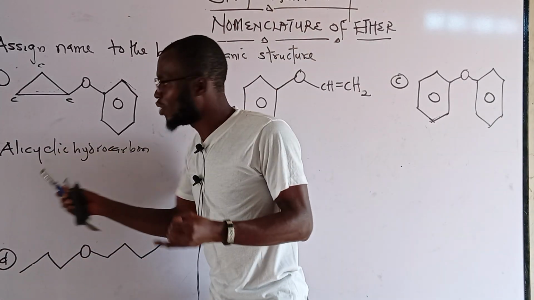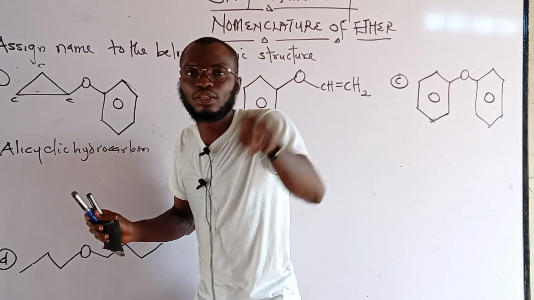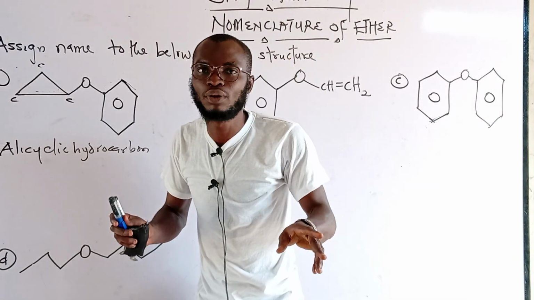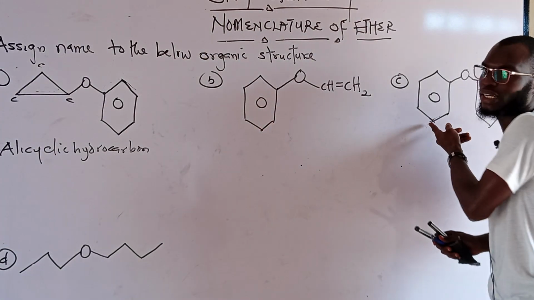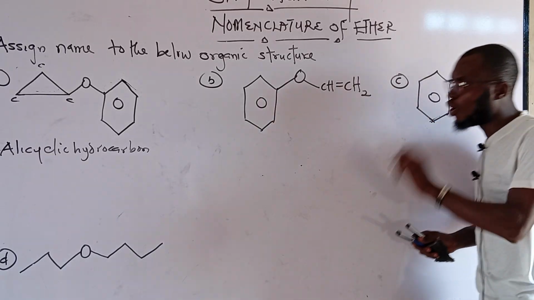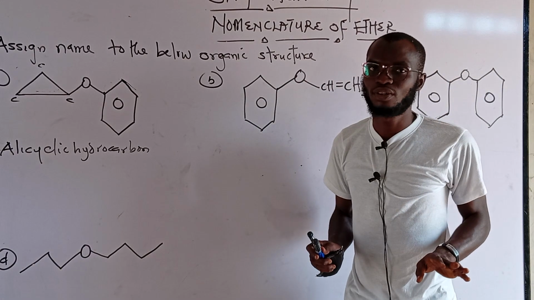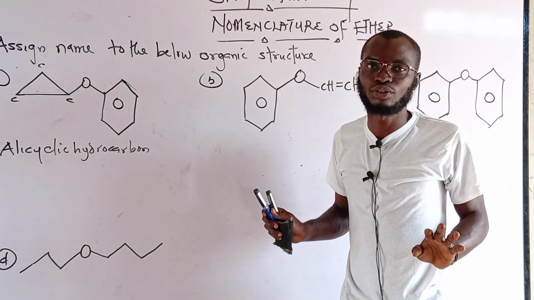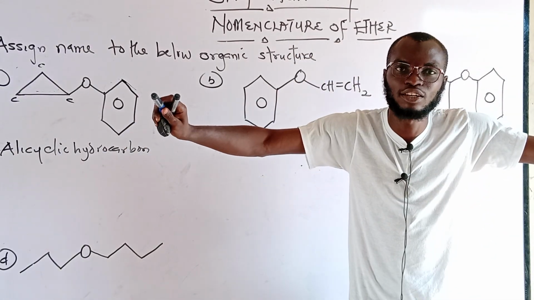Meaning, when I say alicyclic, their structure will be in a cyclic form, like an aromatic organic structure like this. But they are not aromatic in nature. They are aliphatic in nature, meaning they are straight chain organic compounds in nature.